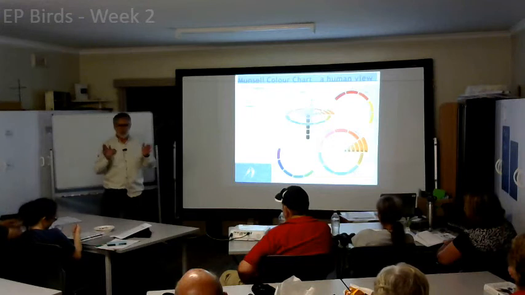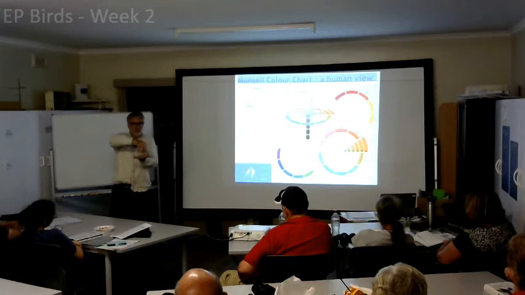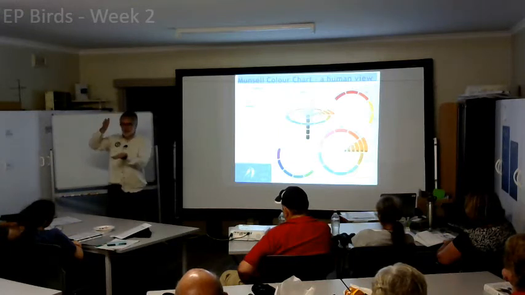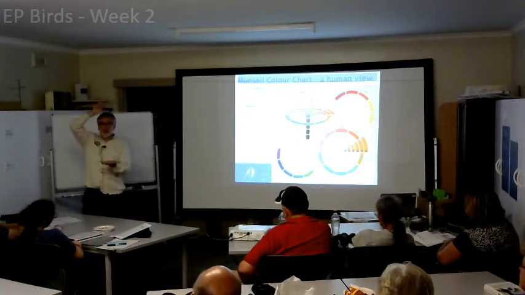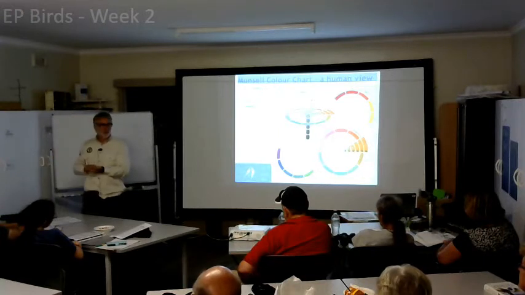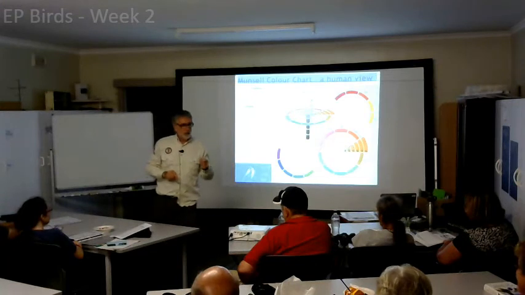So we can actually shine light onto a feather, and we can shine red onto it and see if it comes off. And then we can go right through the spectrum, orange, yellow, blue, up to ultraviolet. And we can look at where the peaks of light reflecting back off it are. And do you remember what white is?